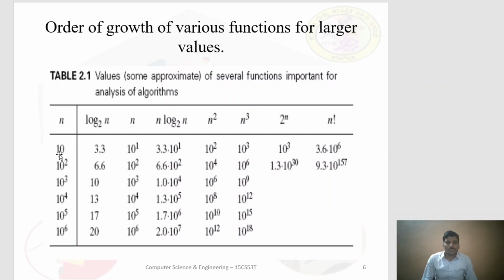That is, for input 10, the function value increased by 10 times. And for the cubic function, it is increased 1000 times. 10 to the power of 3 means 1000. For the exponential function also, it is 1000. Sorry, not 1000 times, it is 1000. And for factorial, 3.6 into 10 to the power of 6. Likewise, you can check the outputs for all the input values from the given table.